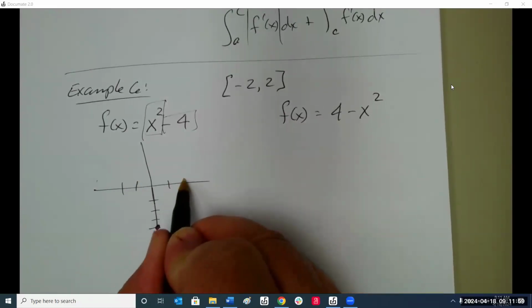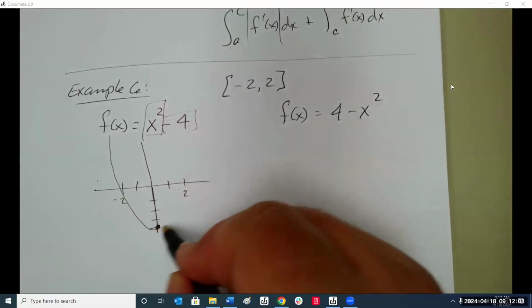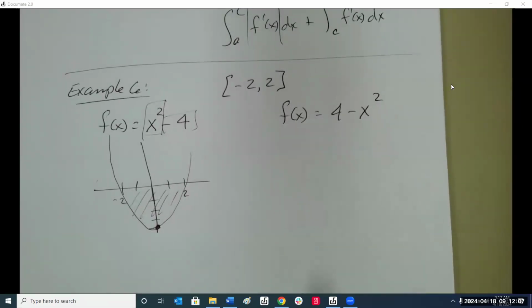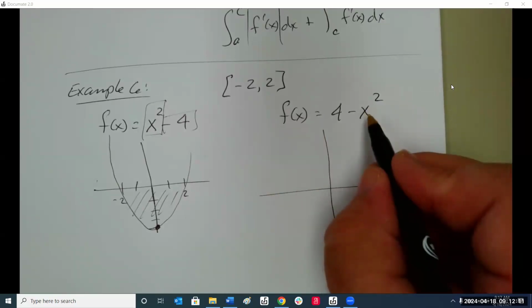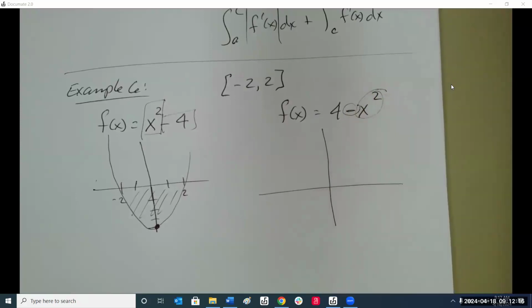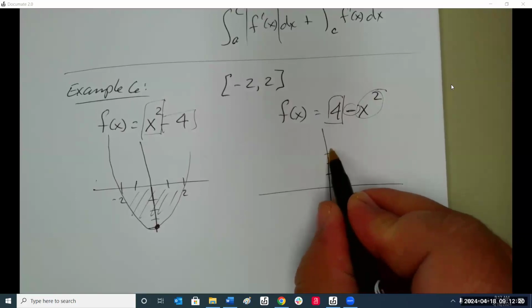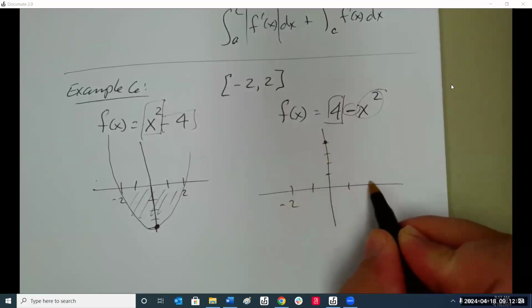So we go from -2 to 2. So the graph will look like this. We're only looking for this area. This function is the x squared, but it's pointing down, and it goes up 4 spaces from -2 to 2.